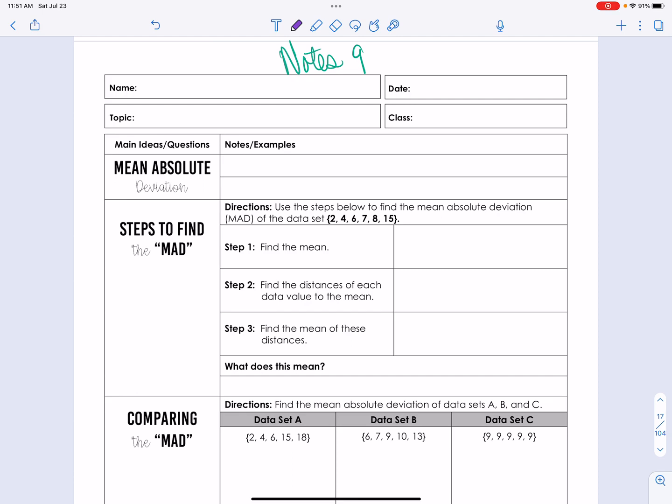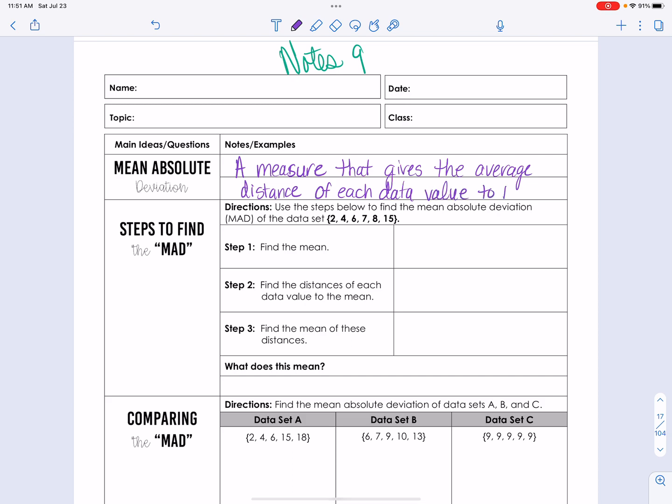So a mean absolute deviation is a measure that gives the average distance of each data value to the mean.